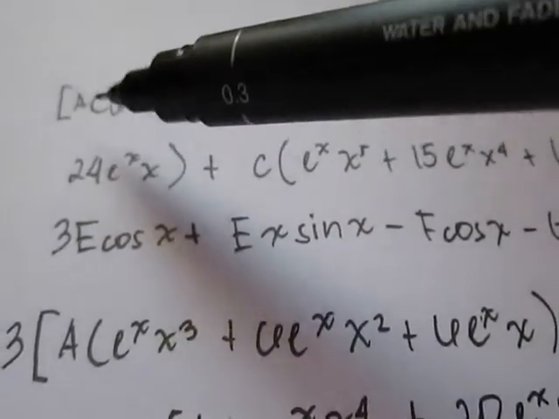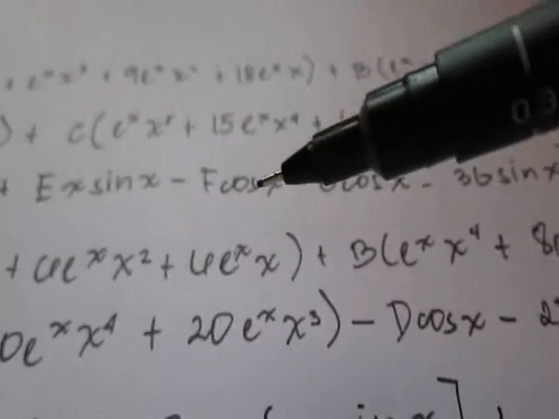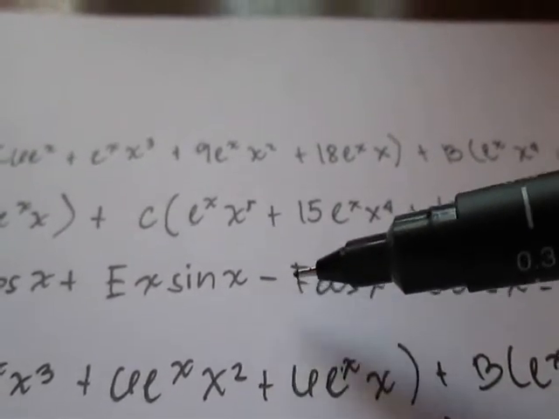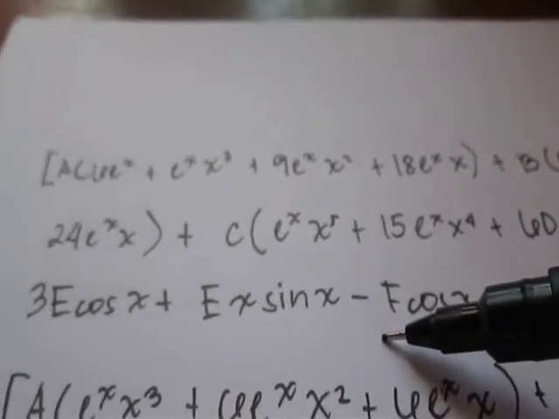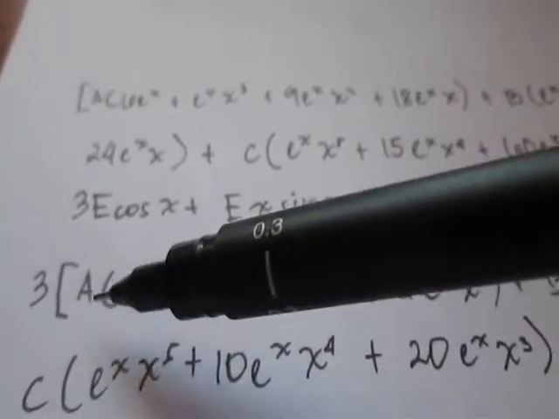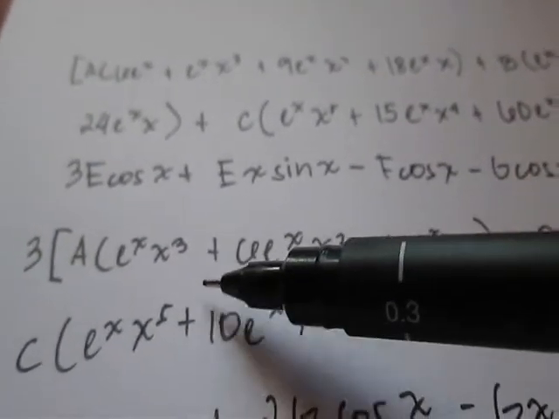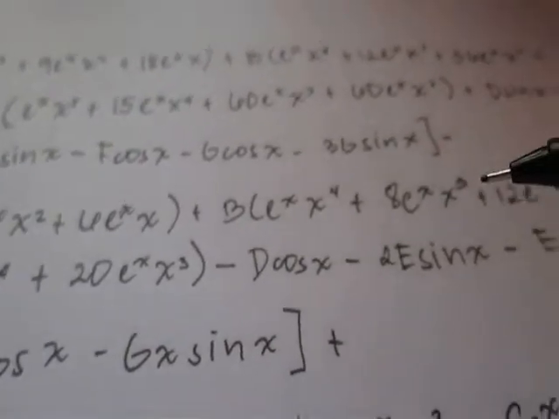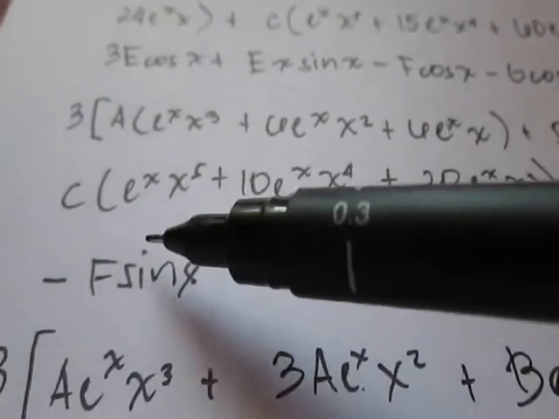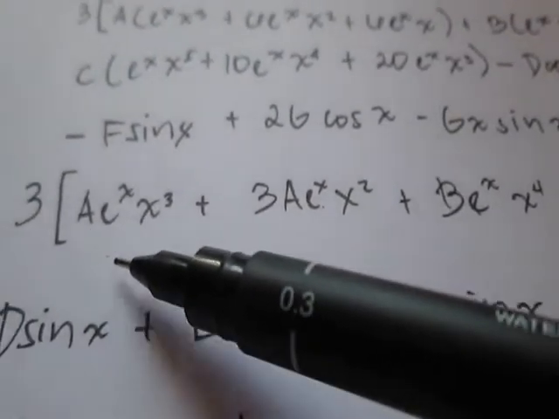The terms here up to here is the equation of our third derivative, y prime, and here we have 3 times second derivative of yp, which is this. Just substitute the values that we get a while ago, and this is for our first derivative.